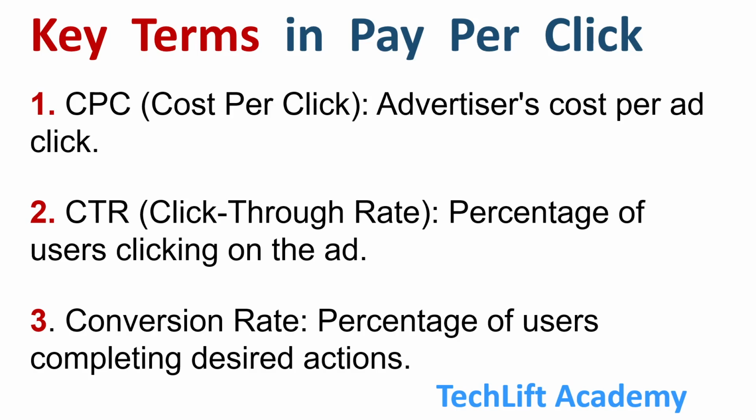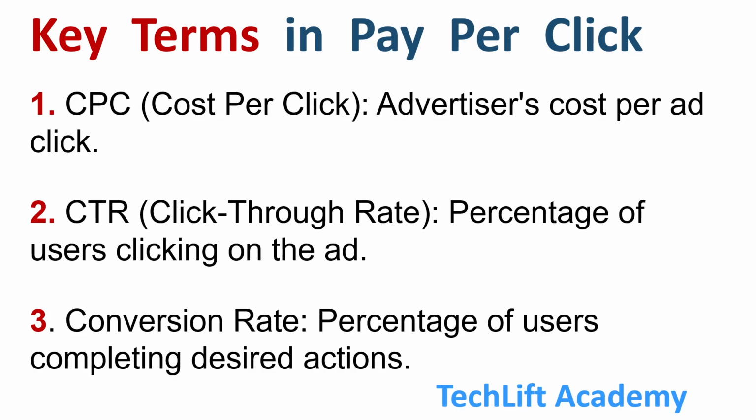Then we have the conversion rate. This is the percentage of users completing desired actions. Like I said, we have people who run ads because they want you to make a subscription, or make a purchase, or sign up for something, or simply pick an email from you, or they just want you to know about their products.